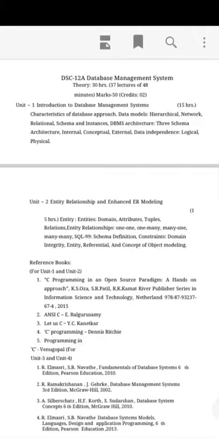Now next, constraints. The constraints are domain, integrity, entity, referential, and the concept of object model. First, what is a constraint? Constraints are the rules enforced on the data columns of our tables. Simply, we can say these are inbuilt rules which we enforce on the particular information.